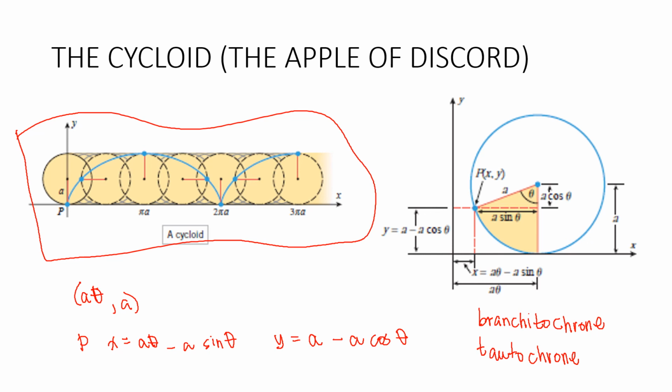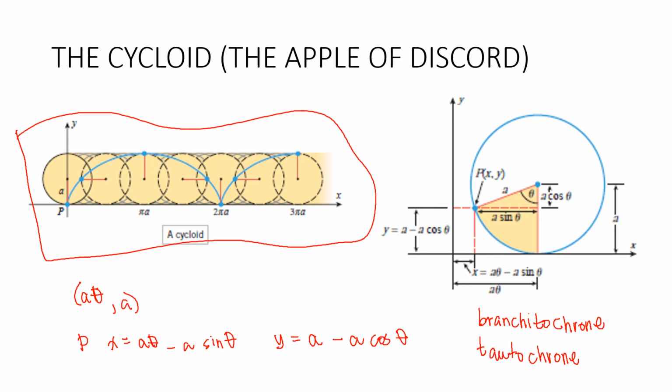In fact, Johann was so impressed with his brother Jacob's solution that he claimed it as his own. This was just one of many disputes about the cycloid that eventually led to the curve being known as the apple of discord.